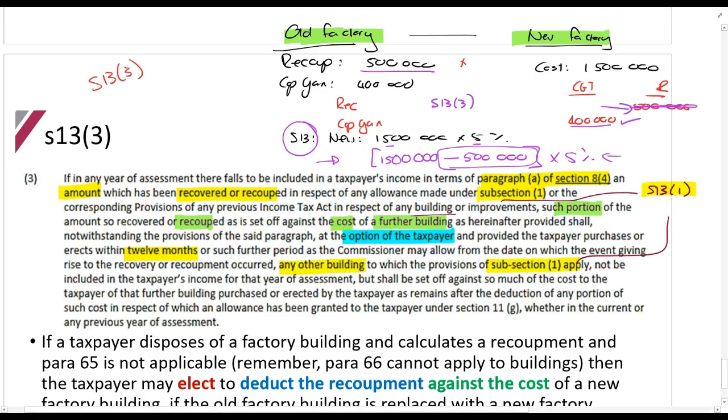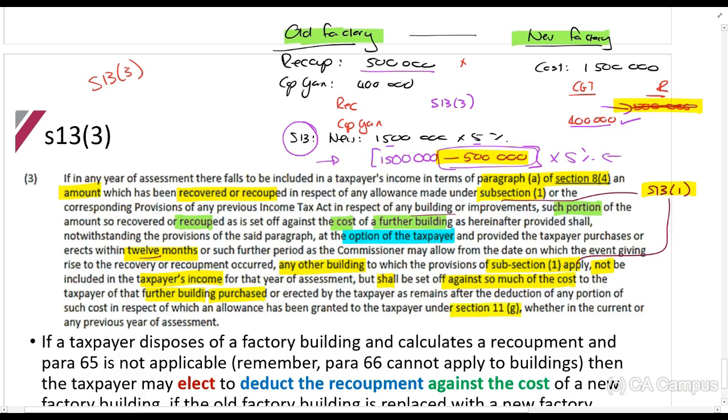So they say you must buy a new factory within 12 months or build a new factory. They tell you it will not be included in the taxpayer's income, but shall be set off against so much of the cost of that further building purchase. So it will not be included in the taxable income, but it will be set off against the cost of the new building. And they say after taking into account section 11G.